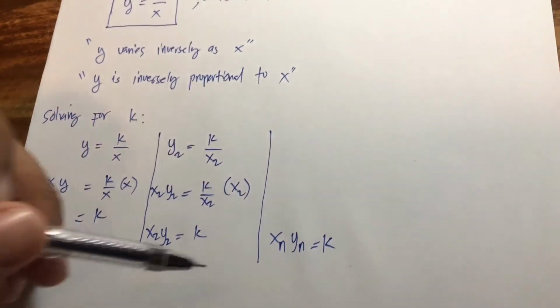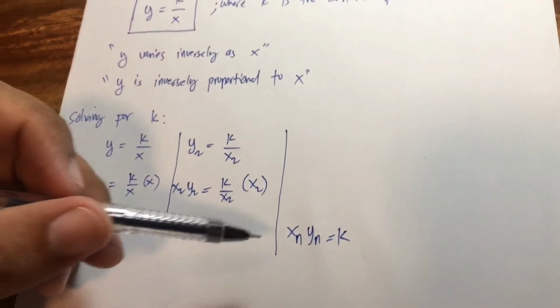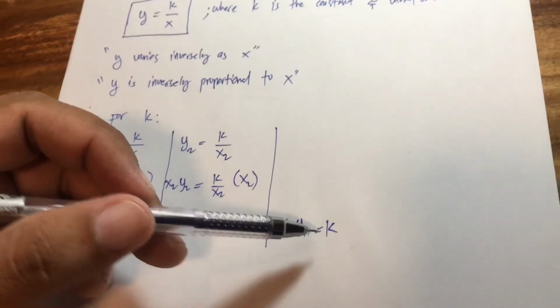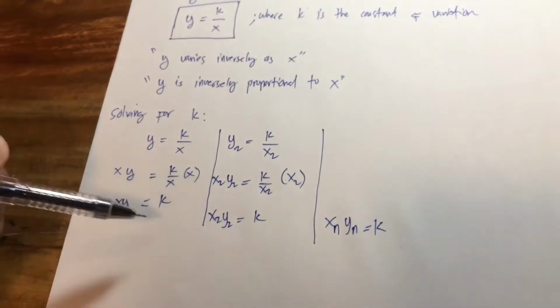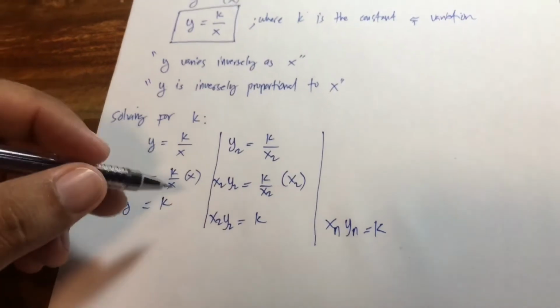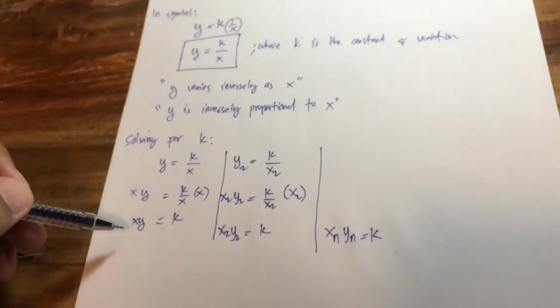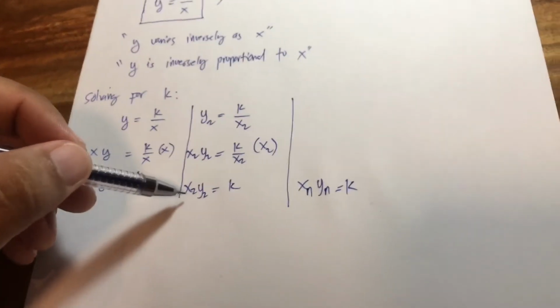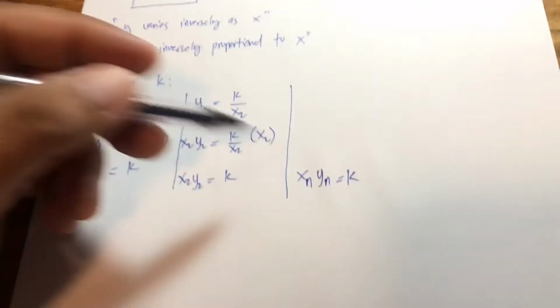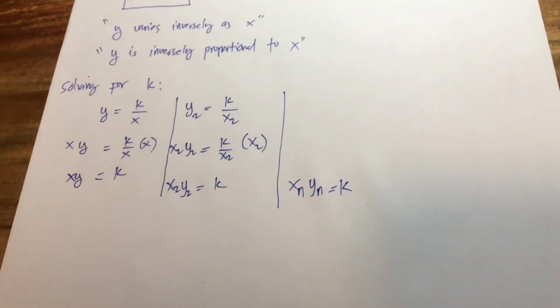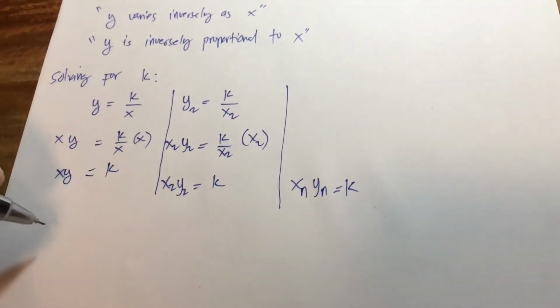Take a look. In solving inverse variation, we can use k to relate x and y. We can equate the values of k in these two sets of pairs.